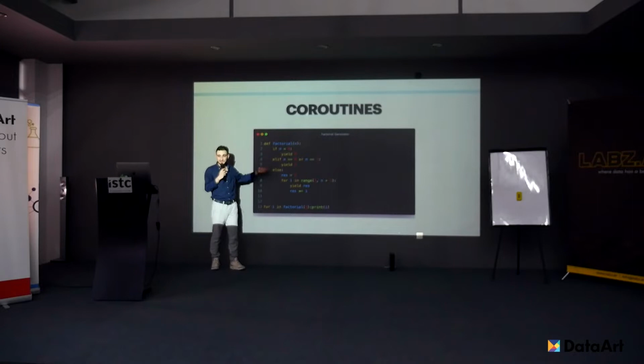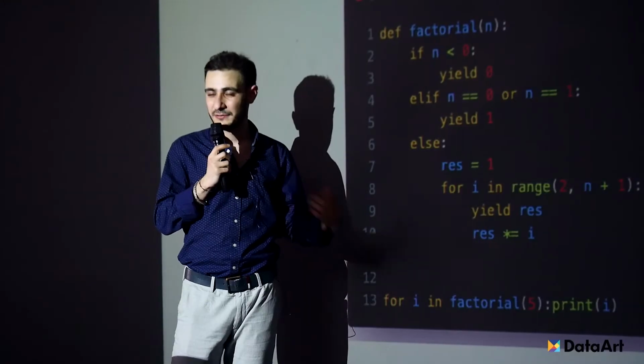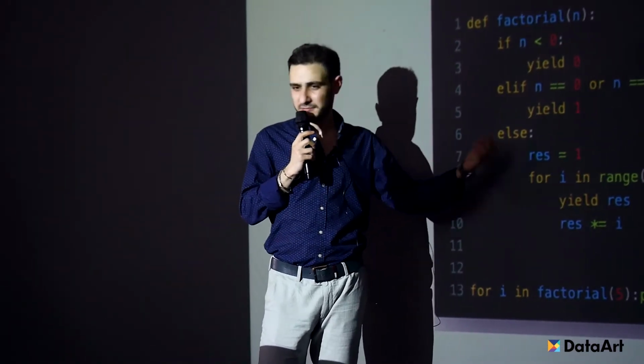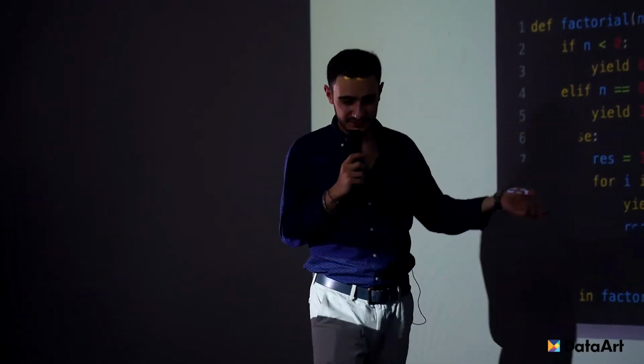So what we have here is the ability to switch back and forth between the different parts of the program. Now we don't have to wait before the function is executed from the beginning till the end. We can call it, get to some point, get some value, continue doing something, and again get back to this function. So this is pretty useful.